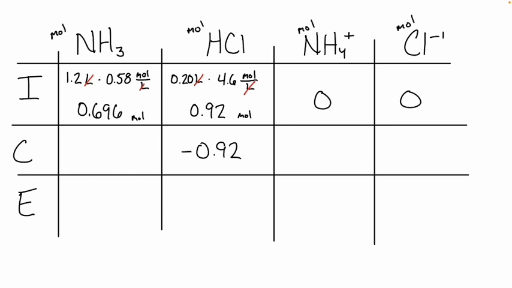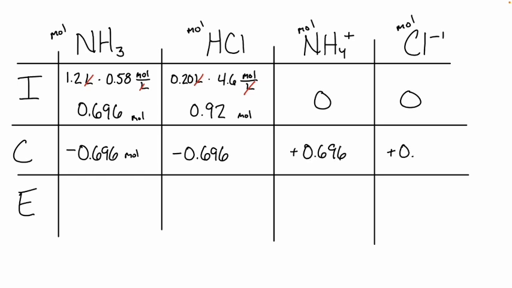So exactly, I have to pay attention to what's limiting here, which is actually my weak base. So that's the maximum amount of reaction that can occur in this flask. I'm limited by how much of that I have. So this is going to be negative 696 moles. This will be positive. Okay, so at the end in my flask, I'm left over with no more of my weak base.